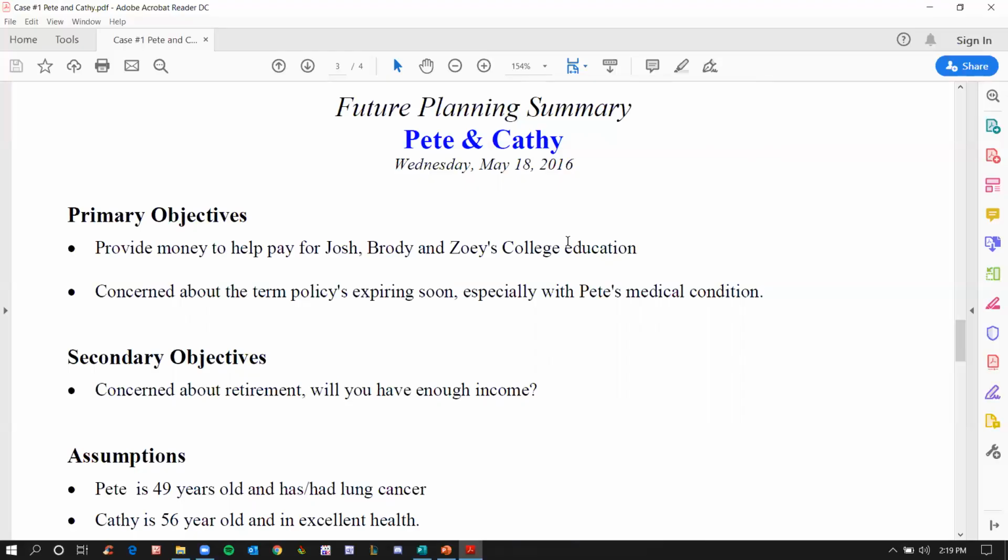What we talked about last time, one of your primary objectives was to provide money to help you pay for Josh, Brody, and Zoe's college education. You were really concerned about having the money to help them pay for it, if not pay all of it, but also help maximize FAFSA so they don't have to rely on loans as much, because you've already been down that path. Does that make sense?